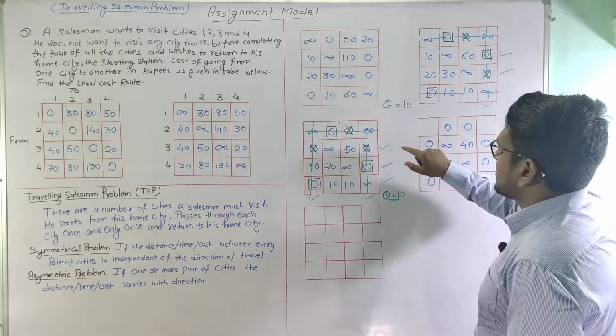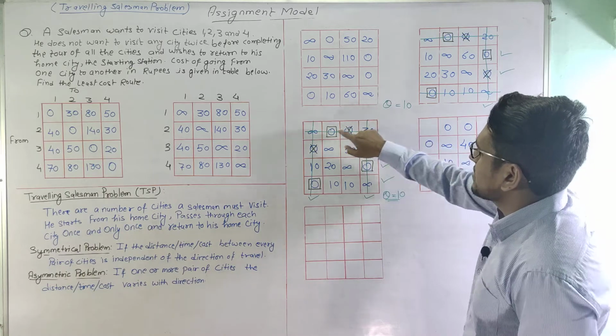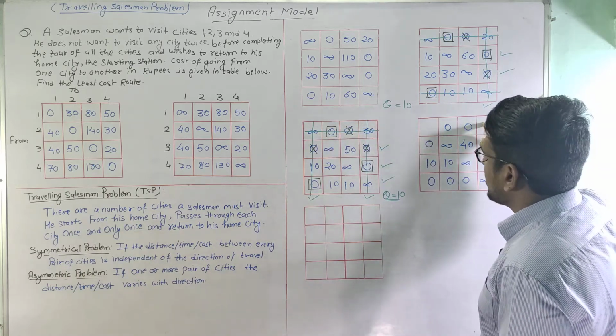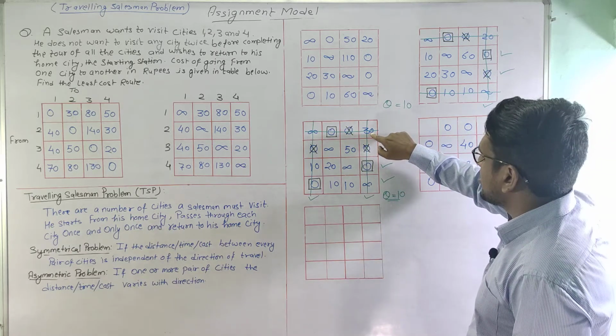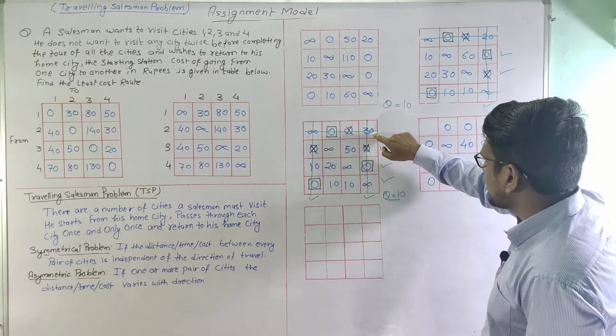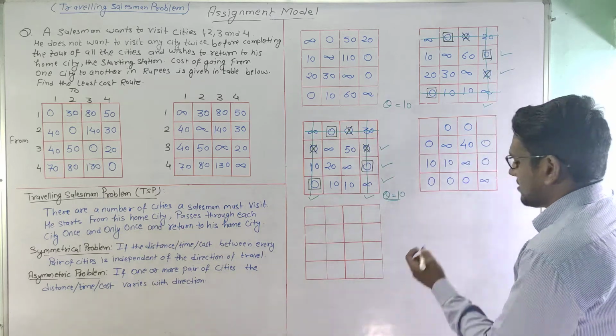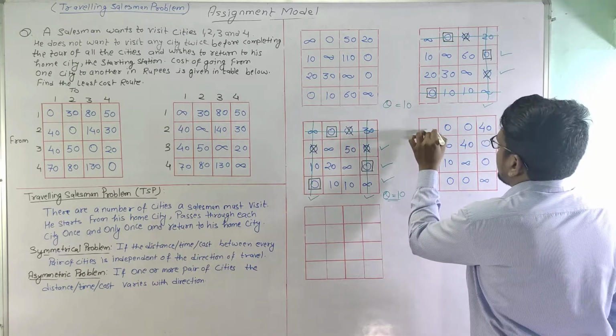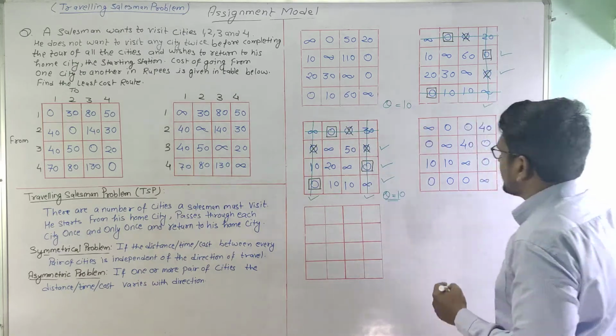Now we have the cells where 2 lines are passing. For these, the new Cij will be equal to the older Cij plus the value of theta. So older Cij is 30, 30 plus 10 is 40. And similarly here infinity plus 10 remains infinity.